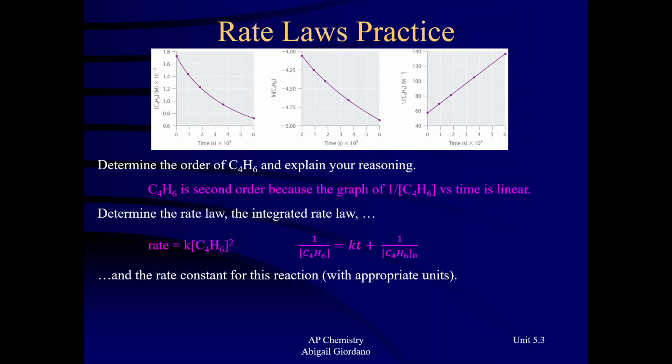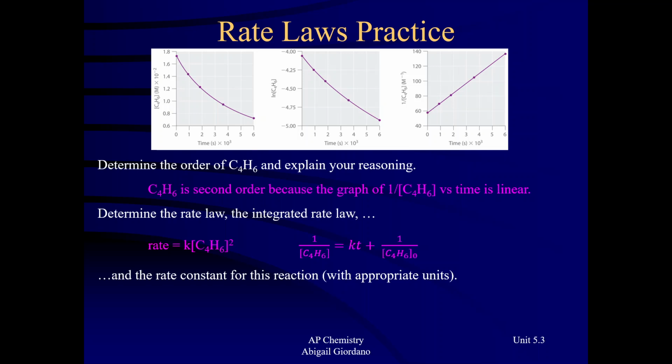Okay, so now that we know that it is second order, determine the rate law and the integrated rate law. The rate law is just my differentiated rate law, that's the one on the left. And my integrated, I didn't have to memorize any of that, that came straight off of the formula sheet. Last part, determine the rate constant. Keep in mind that where slope lines up in my integrated rate law, that is the value of k.